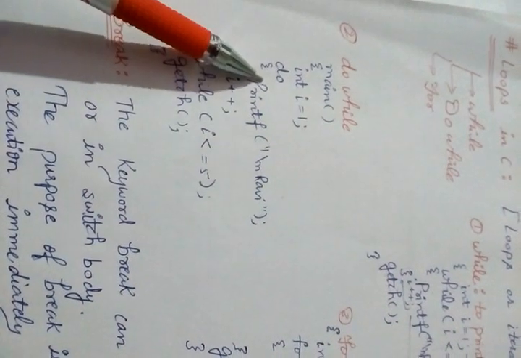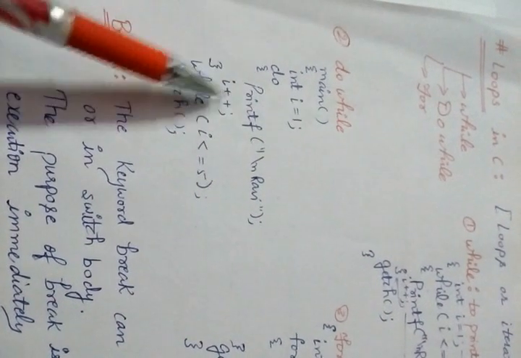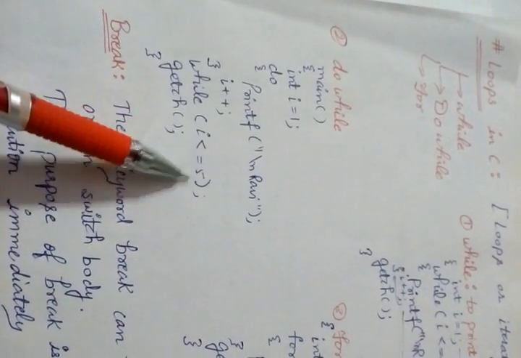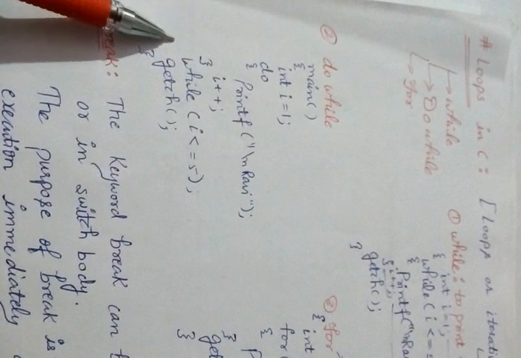The same process runs here: do, printf name, and i plus plus. When i becomes greater than 5, it will come out of the loop and will not print the value of name.